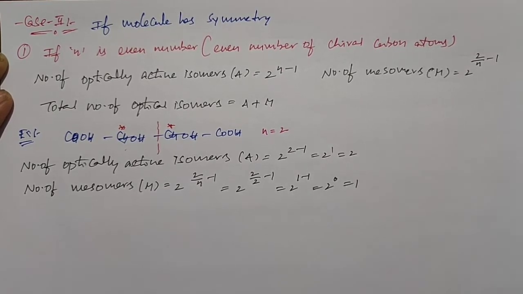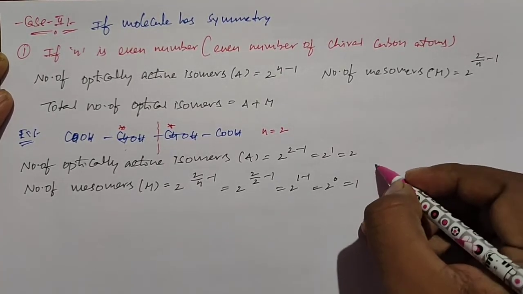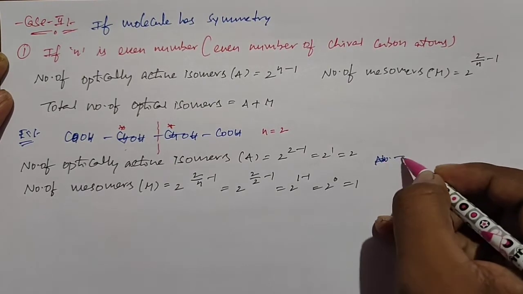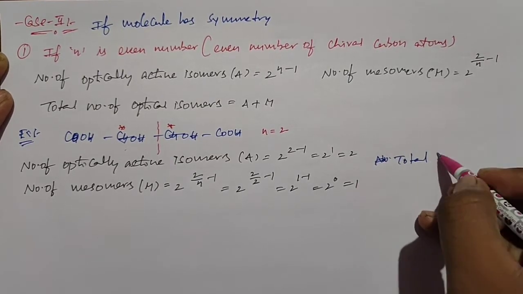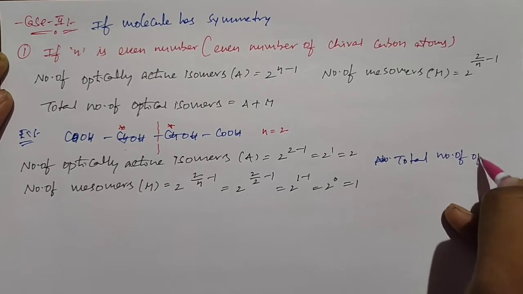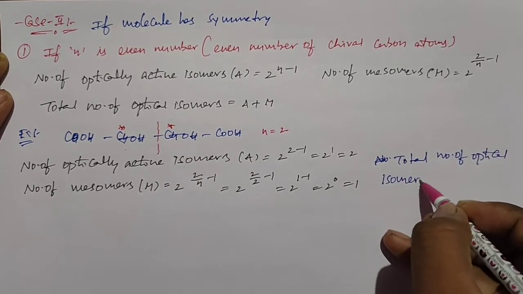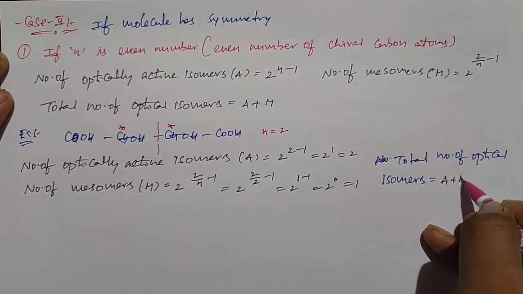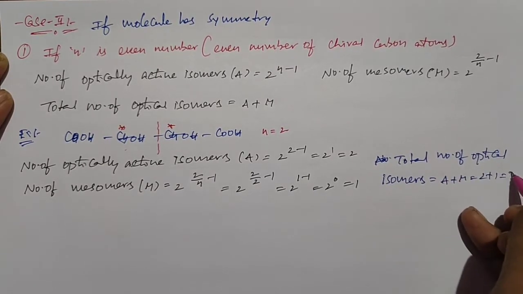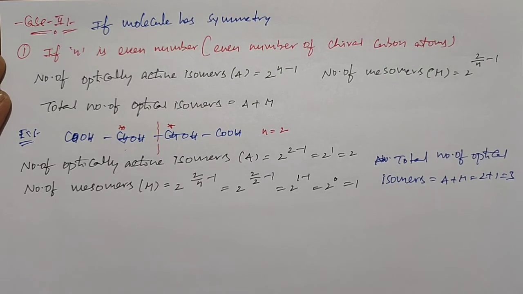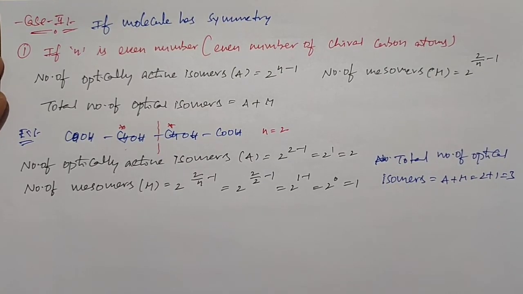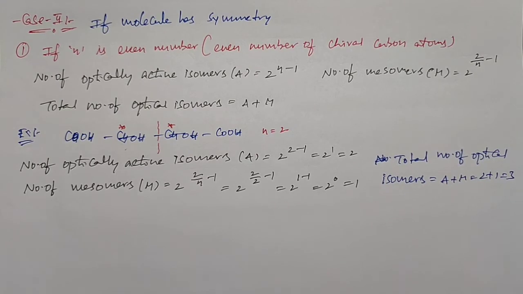We get 1. So total number of optical isomers, A plus M, is equal to 2 plus 1, that is equal to 3. So total number of optical isomers is equal to 3. This is about case 1, if a given molecule has symmetry and an even number of chiral carbon atoms.